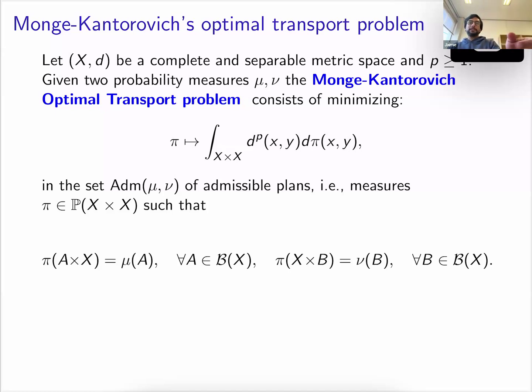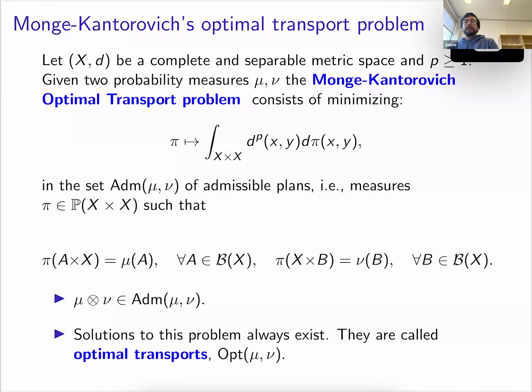Again, this is just formalizing the thing I described in the drawings in the last couple of slides. And we can observe the following two things. First of all, we will always have at least one admissible plan, which is just the product measure. We take the product of mu with nu, and that satisfies the condition. The second and most important is that solutions to this problem always exist. That is, I can always find a minimizer.